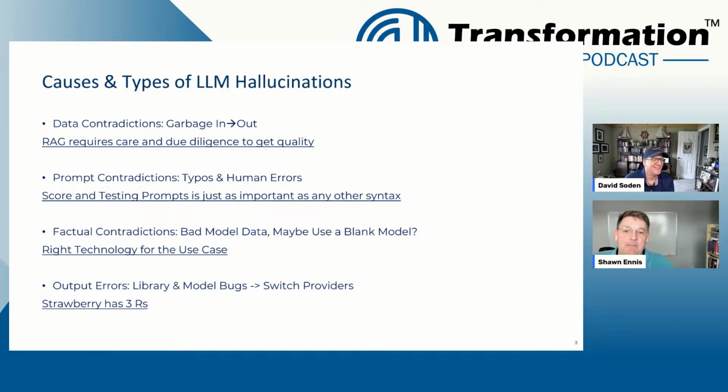Exactly. So that's problem number one, which is you have a data disadvantage. The second is when you have so much data in a pile, you could have one piece of data contradicting another piece of data.